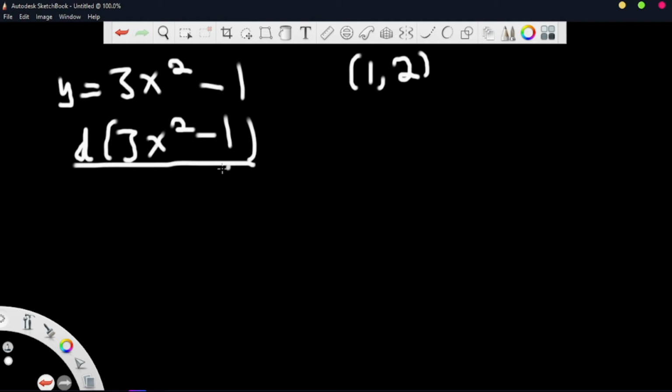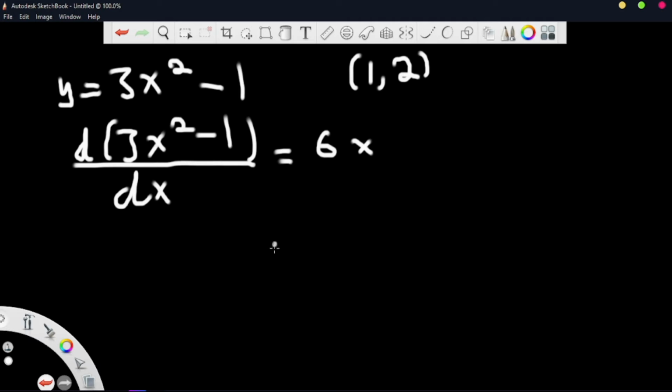over my dx, and then say this is equal to, when I differentiate this side, my 2 multiplies my 3, so I'll have a 6x, and then the differentiation of negative 1 is just 0, so then I've got a 6x.